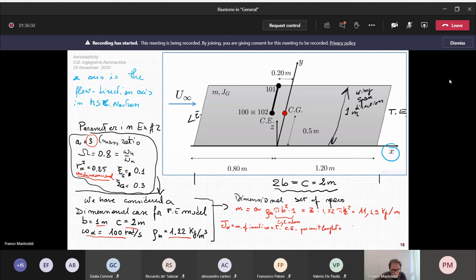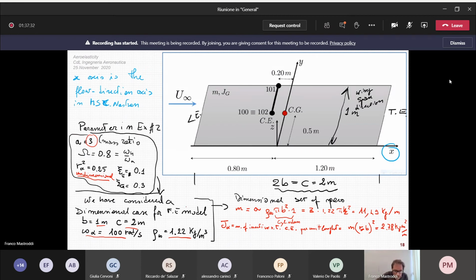And this is equal to the physical mass evaluated, by the gyration radius, the dimensional gyration radius, which is the nondimensional one multiplied by b, and then take the square of this quantity. And this is the moment of inertia with respect to the elastic center. In this case, we have 2.78 kilogram meter square per meter, because we have all quantities per meter.